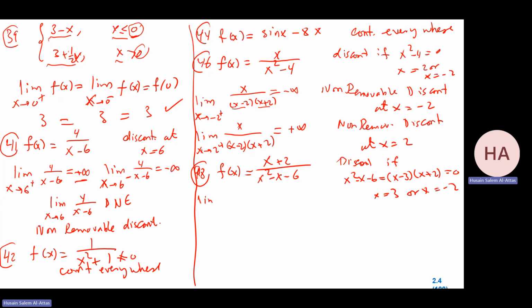So check the limit as x goes to 3 from the right. I'm getting, and cancel since x is not equal to minus 2, so this will be positive, plus infinity. So we have a non-removable discontinuity at x equal to 3.